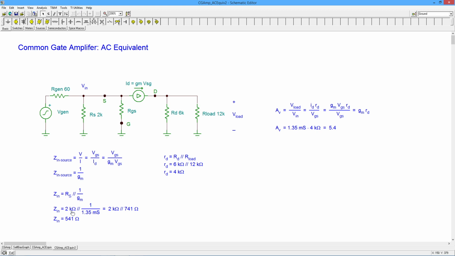So we can just plug that in, 2K for the RS value. The 1 over GM works out to 741 ohms. So we put those two things in parallel, and we get 541 ohms for our ZN. Not a very big value. This is what we expect.